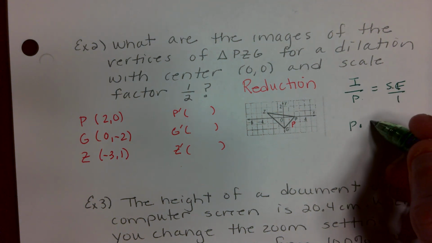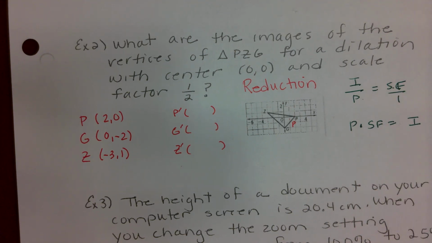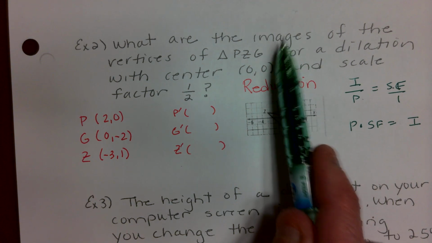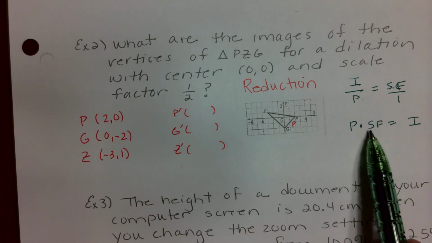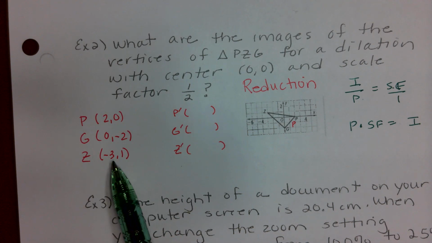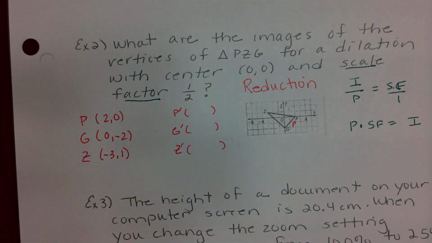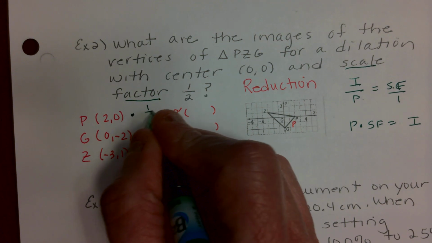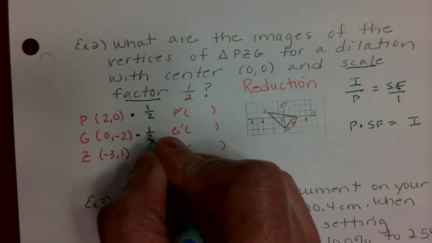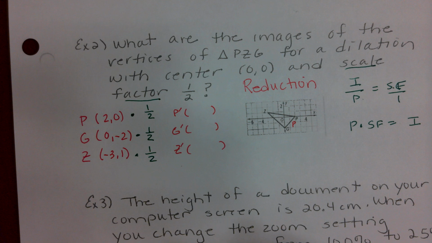The pre-image times the scale factor is equal to the image. I need an image, so I'm going to multiply the pre-image by the scale factor. Here's my pre-image. We're just going to multiply these by a half, by a half, and by a half. And we will now get our images.